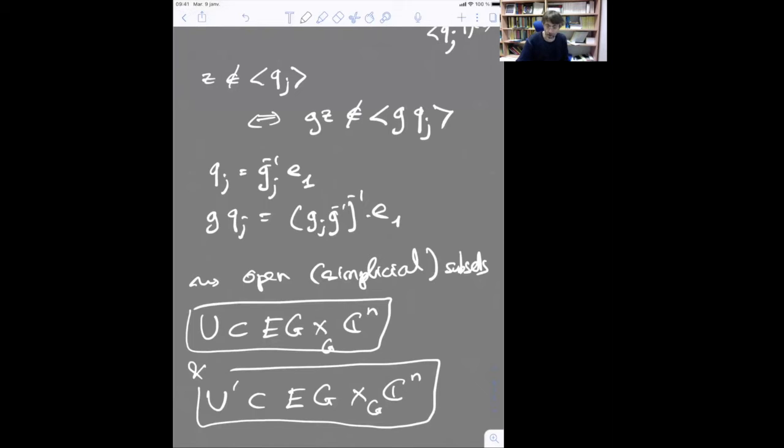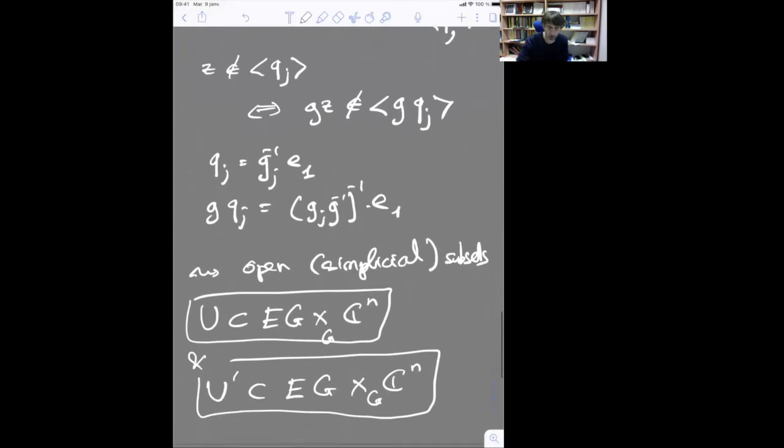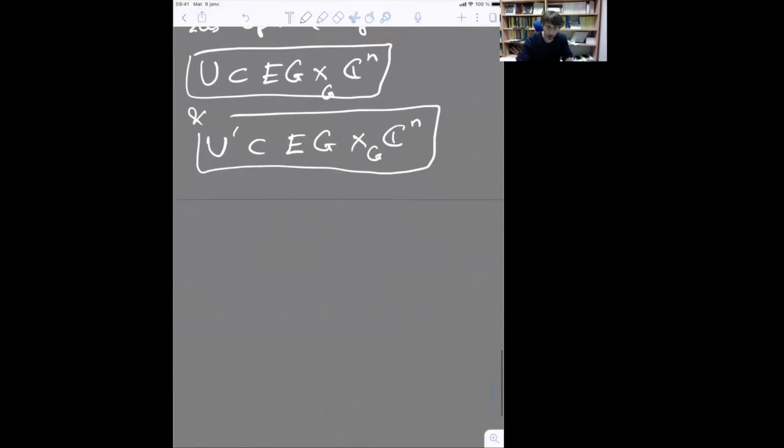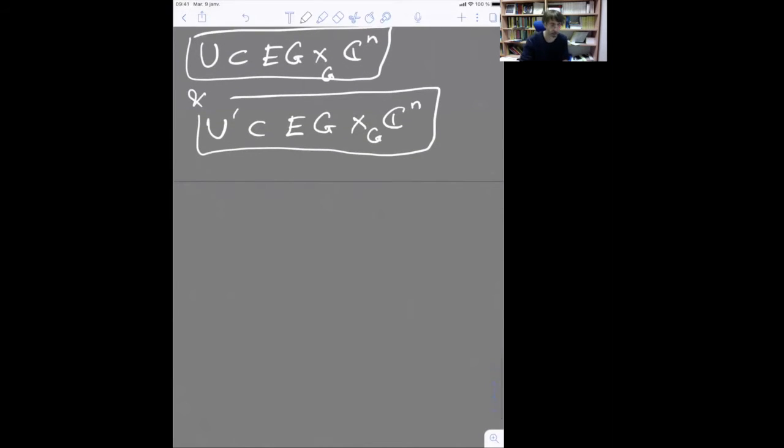And now in both cases, you can consider the spectral sequence associated to the fibration. So now I have these two open subsets, and we have associated spectral sequences.